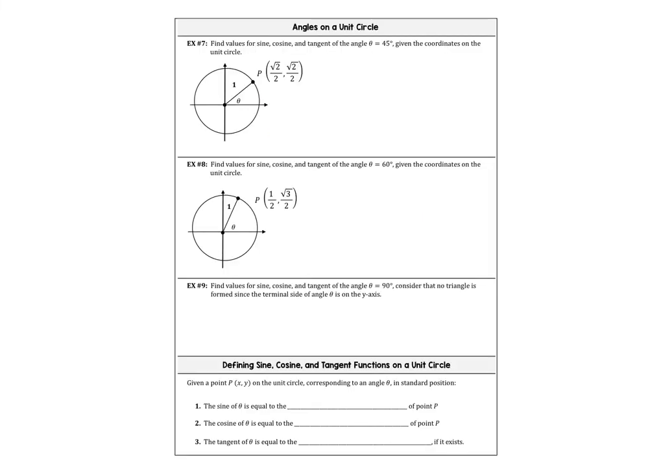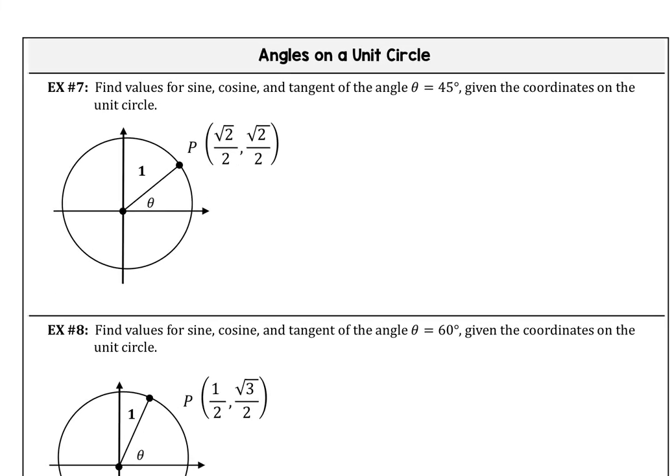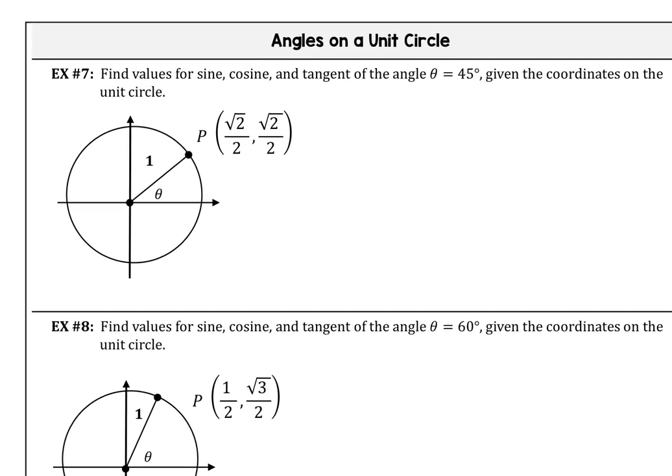Let's look at 45. Well, 45, from the 45, 45, 90 triangle, was root 2 over 2, root 2 over 2. Again, the radius is 1, so we really don't even have to divide by anything. Remember, the sine of theta is the y coordinate, that's root 2 over 2.